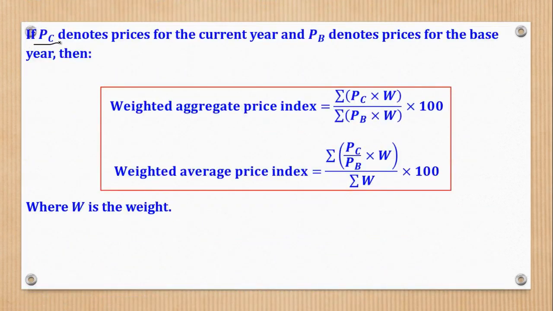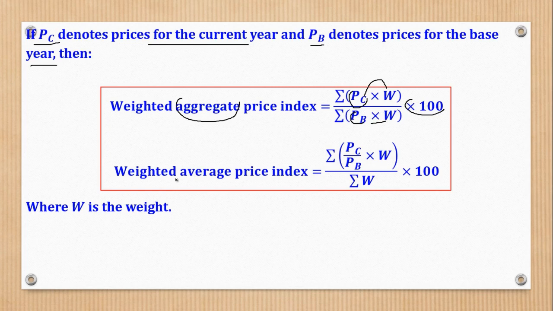Now if PC denotes the prices in the current year and PB denotes the prices in the base year, the weighted aggregate price index is given by the summation of the prices in the current year multiplied by their corresponding weights, divided by the summation of the prices in the base year multiplied by their corresponding weights, and after that you multiply by 100.